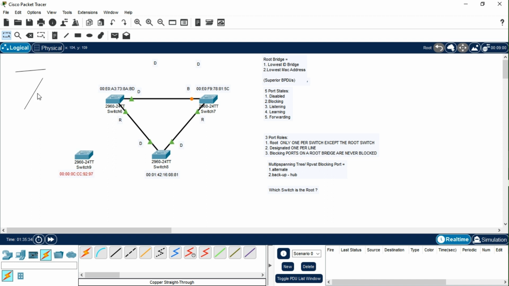And let's say we connect the line here and here. I want you to think about how this would change. What would make a root port? How would this change, guys? Take a minute, take a second.